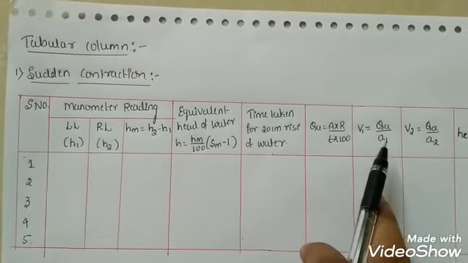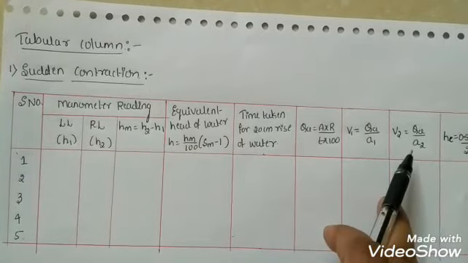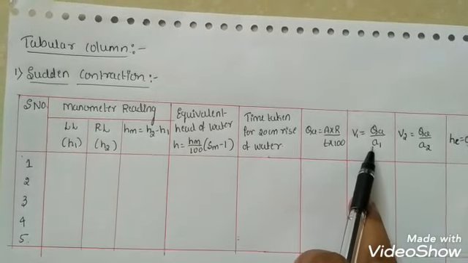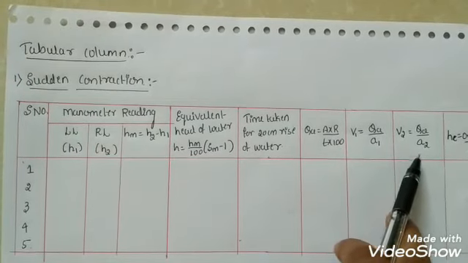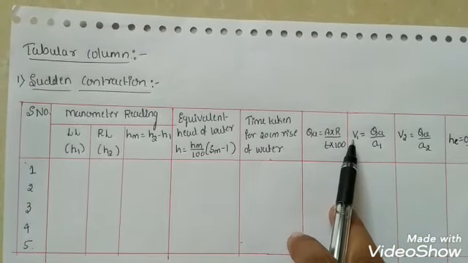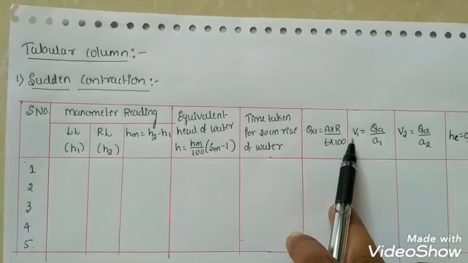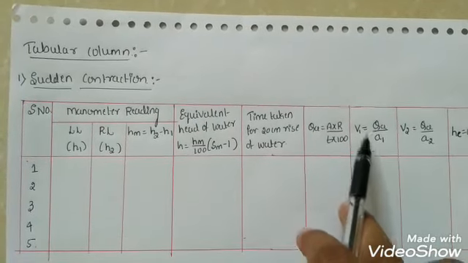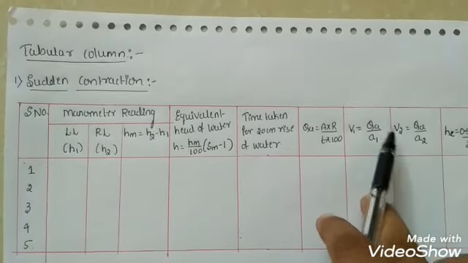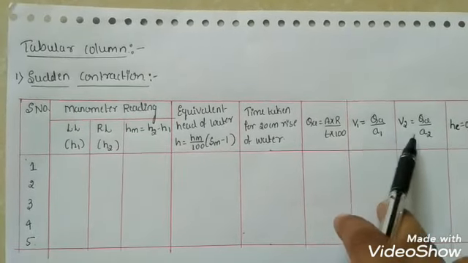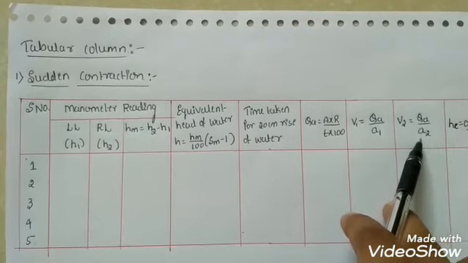In the observations I have explained A1 and A2, the area of pipe 1 and area of pipe 2. I have to consider the corresponding area and find out the velocity in that pipe, that is, velocity is equal to discharge divided by area. So you just calculate the velocity in pipe 1 and pipe 2 by substituting the corresponding areas of pipe 1 as well as pipe 2 here.